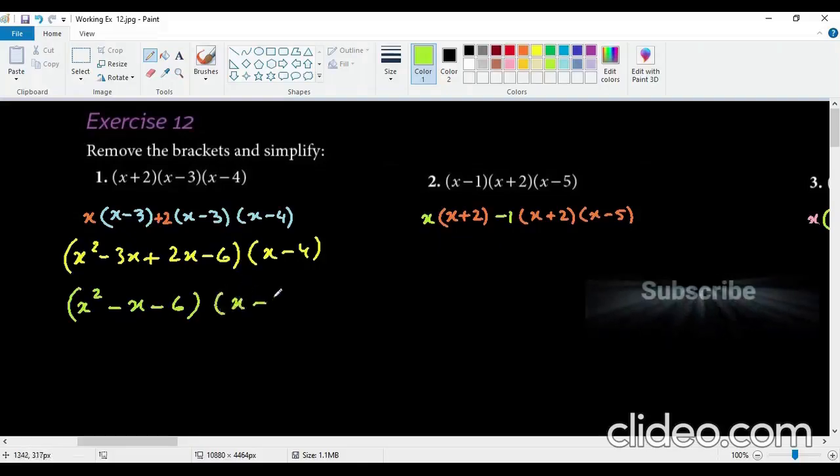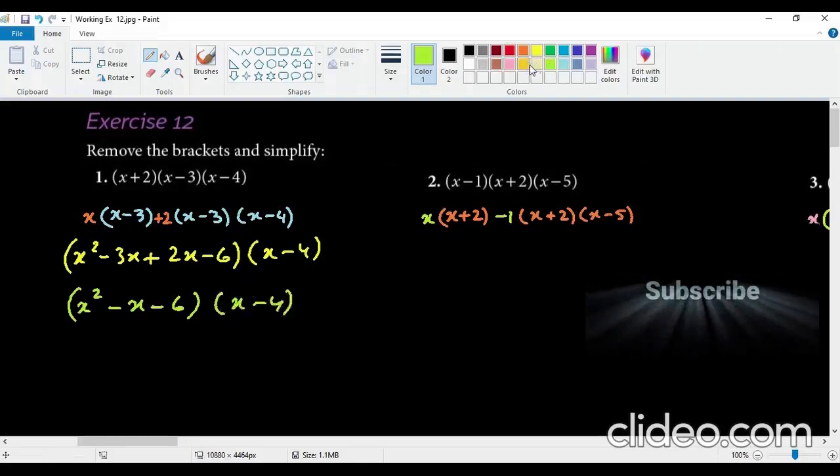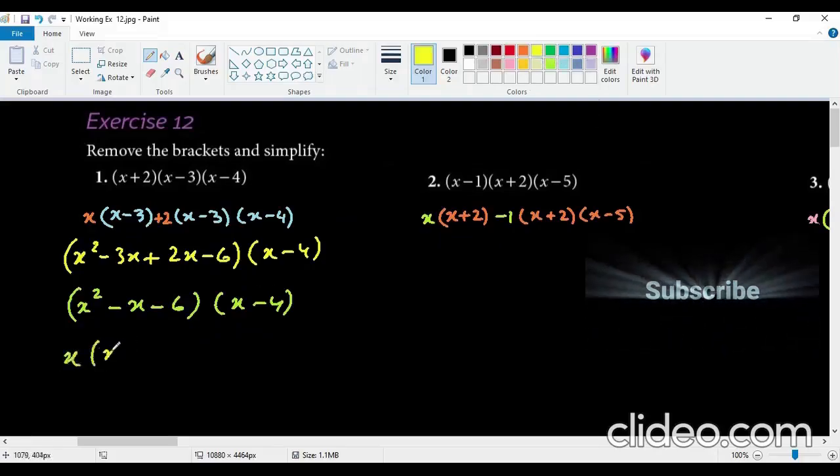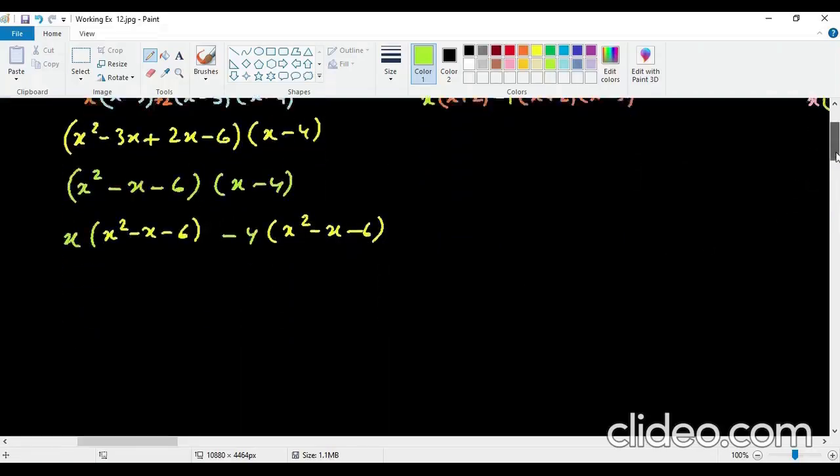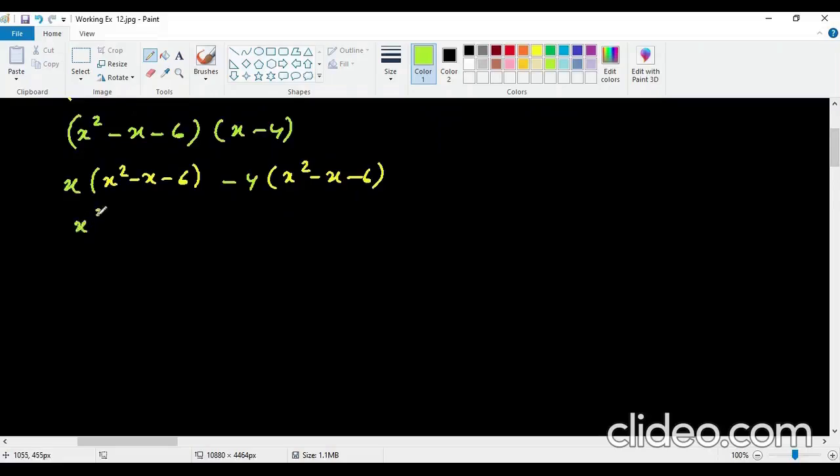It's multiplied by x minus 4. So I will multiply x with x square minus x minus 6. Two times I'm going to multiply with x and minus 4. So the first one is going to give me x cube minus x square minus 6x, and this one is going to give me minus 4x square plus 4x and plus 24.